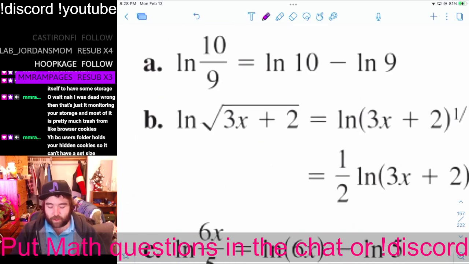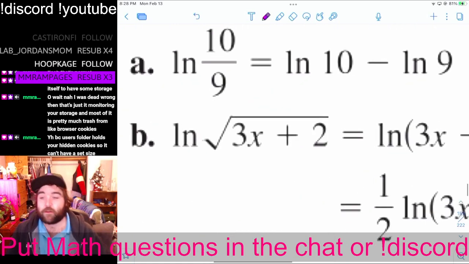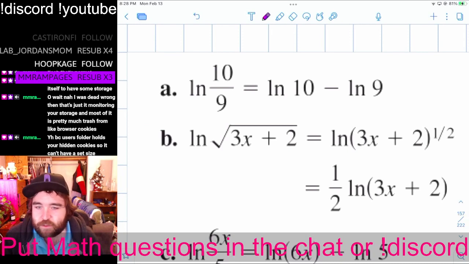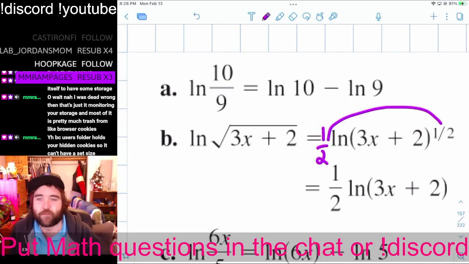So the second thing they're doing here is probably one of the most important properties of logarithms. First off, they remind you that if you have a square root, that's to the 1/2 power. I'm sure you remember that from the power rule derivatives. So we do that, and then if you have a power inside of a logarithm, you get to bring that out to the front as the coefficient.